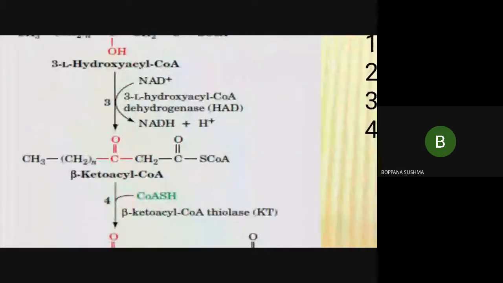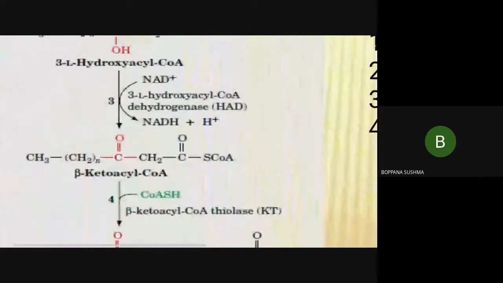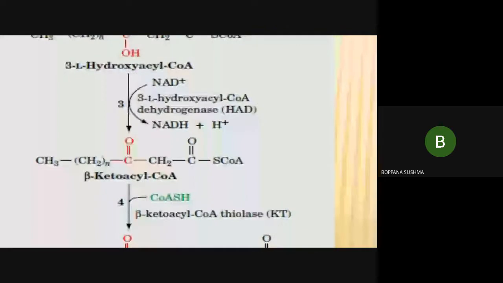Next, coming to the third step. What is the third step? The third step is the oxidation step. First step oxidation, second one hydration, third one again oxidation step. So beta hydroxyacyl CoA undergoes oxidation to form beta ketoacyl CoA.